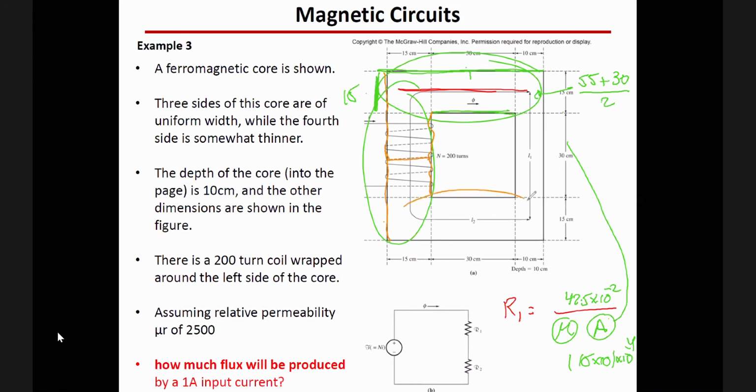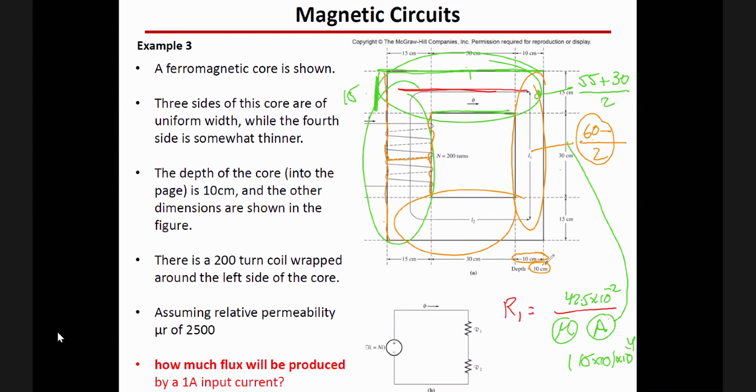Similarly here, just let me finish and after that I'll take questions. What about this leg? How can we calculate the reluctance for this? Same procedure: 60 plus 30, divided by 2, is the length. The area is 10 multiplied by 10.